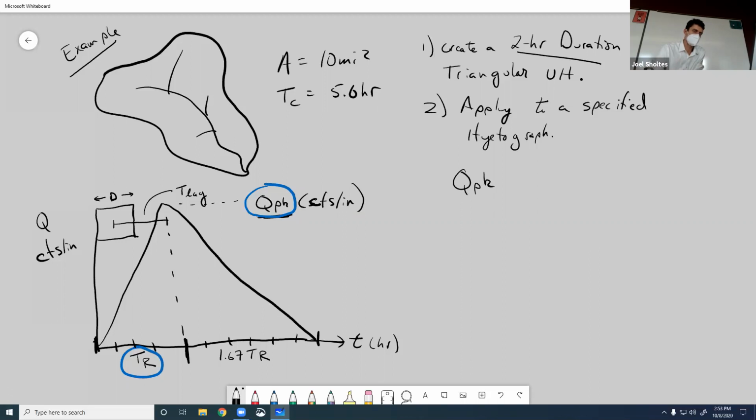And I'll just write these out again. Q peak in CFS per inch is equal to 484 times area. Units are really important. These equations aren't that complicated, but the units can turn your brain inside out. So it's really important to keep track of everything.